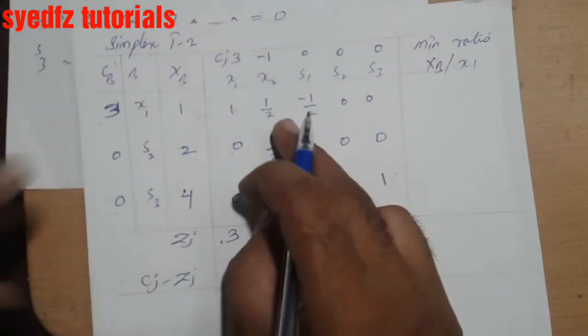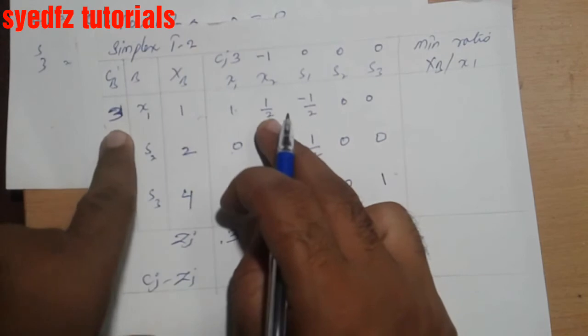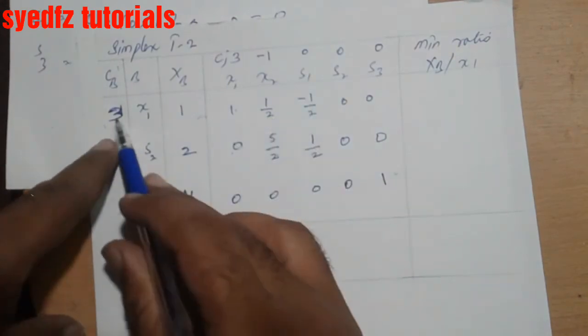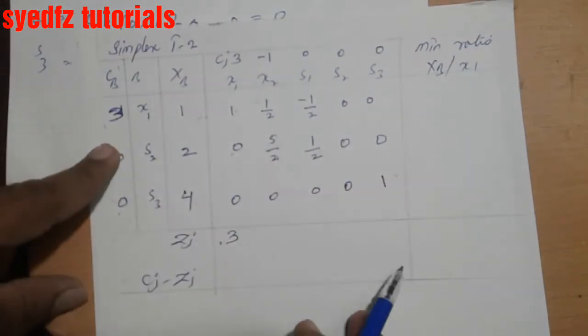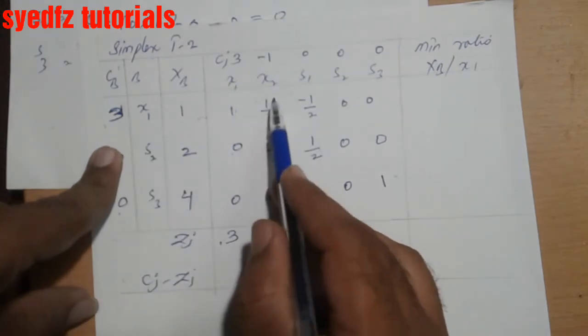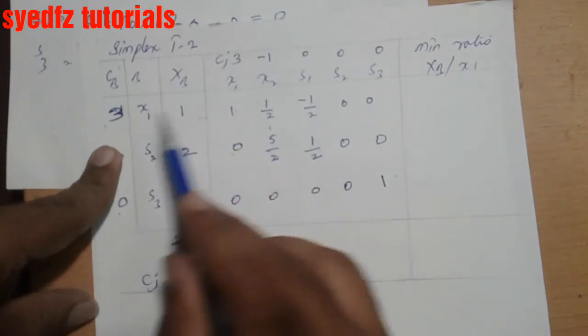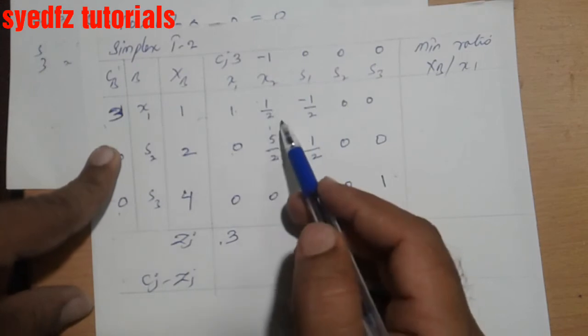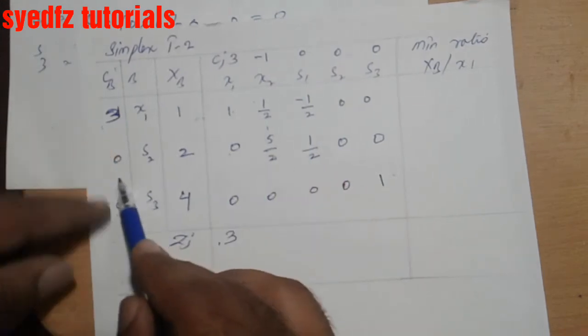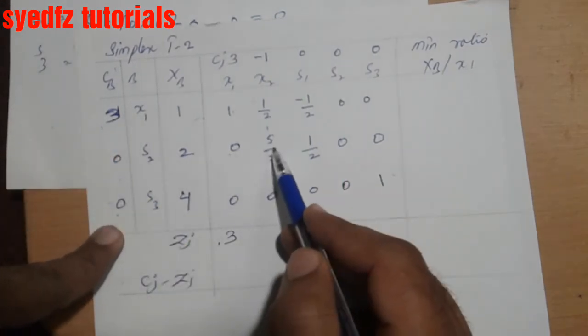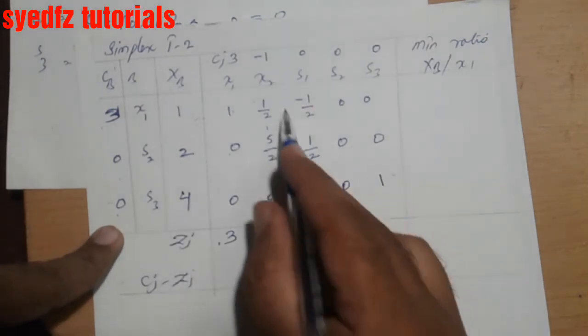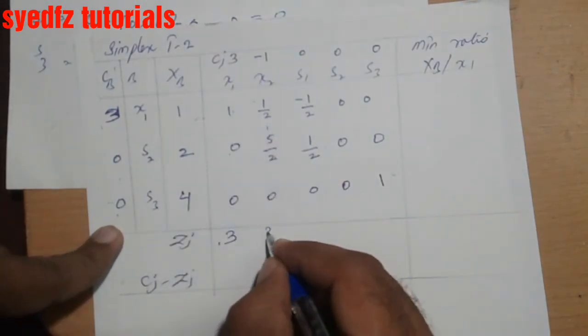Now multiply with this. 3 into 1 by 2 means 3 divided by 2. We have to multiply by the top value. 3 into 1 divided by 2, 3 by 2. Here 0 into 5 divided by 2, 0, 0 into 0, 0. So we got only this value, 3 divided by 2.